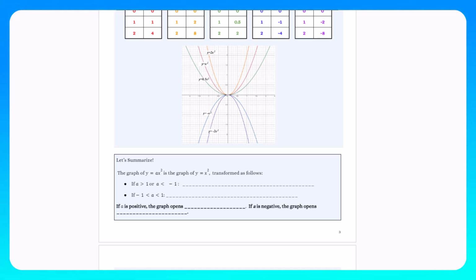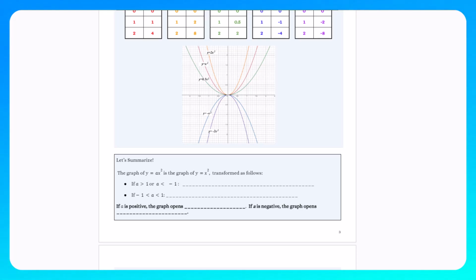Okay. Let's look at this one here and summarize our findings. The graph of y equals ax squared is the graph of y equals x squared transformed as follows. In other words, how does it behave?